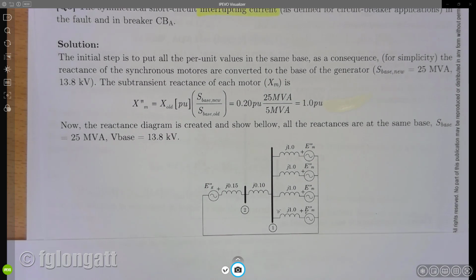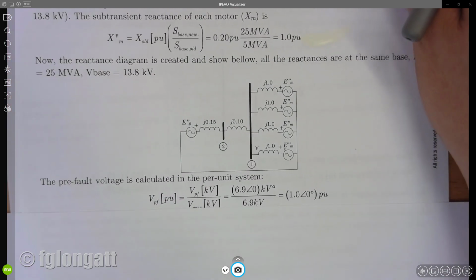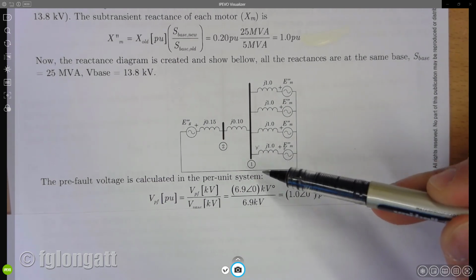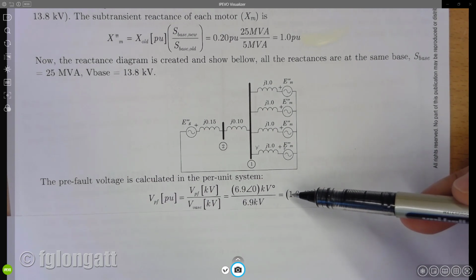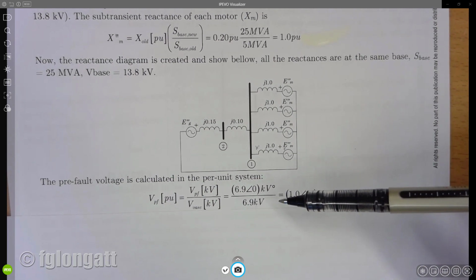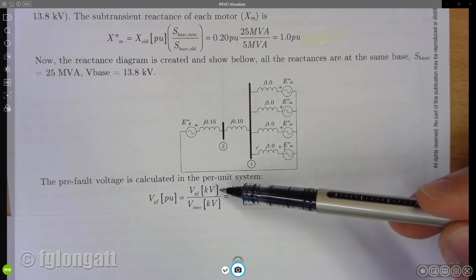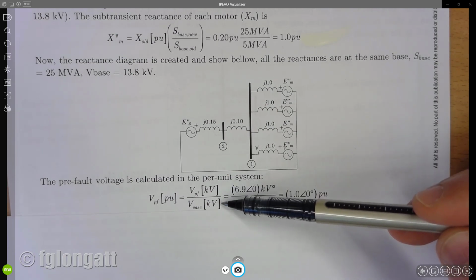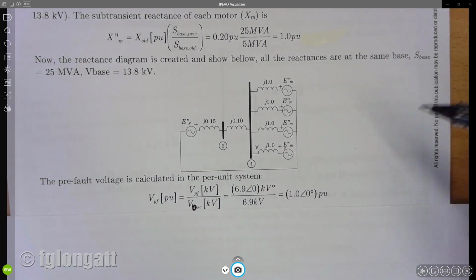Okay, now we have a circuit that we can use for calculations, but before that, what I want to do is to define in per unit what is the value of the voltage at the fault point previous to the fault, okay? Because we are using per unit values, I need to use the classical definition, dividing the kilovolts in real units by the base, V base.